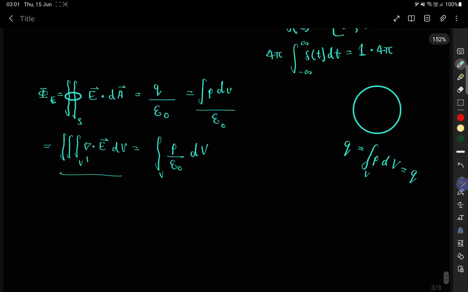So we can just say that the integrands must be equivalent too, because the bounds are the same and everything is the same. So we get that the divergence of the electric field vector should equal the charge density of the given closed body, by the way, divided by epsilon naught. This is the differential form of our Gauss law.